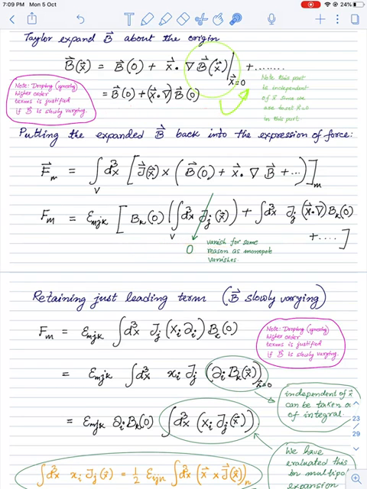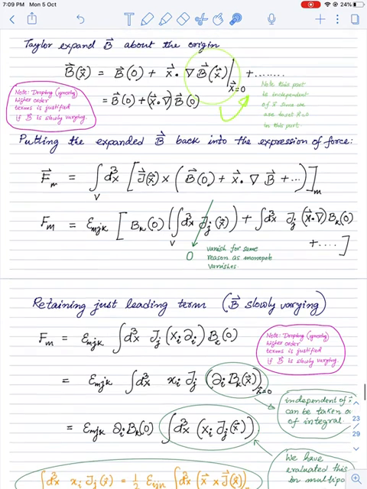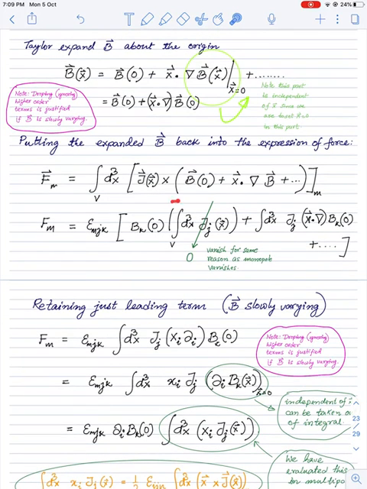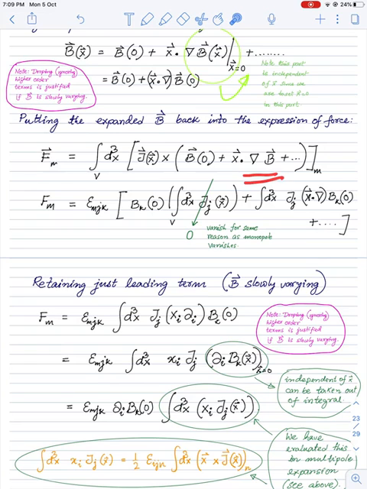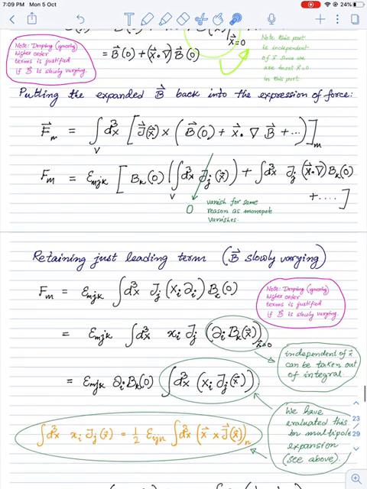Otherwise, if we have a constant magnetic field where all these terms are zero, then this term would simply vanish and there will be no force. So a constant magnetic field will not work. The magnetic field has to be non-uniform for the force to be non-zero. That's the first lesson.